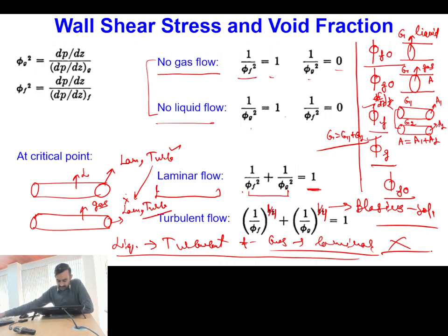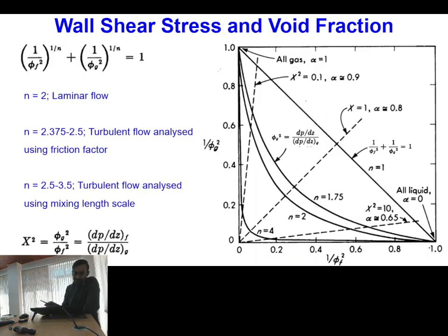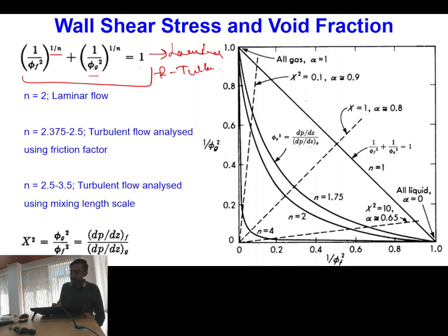So this was the very idealistic approach. Later on, people generalized this combination, and it was given as 1 by phi f square power 1 by n plus 1 by phi g square power 1 by n equal to 1. Now this equation is applicable for all laminar and turbulent flows.